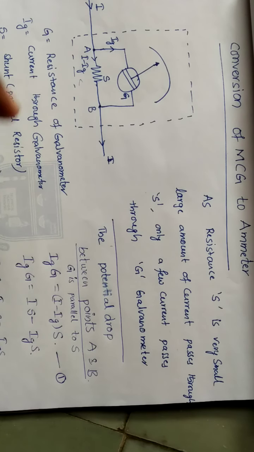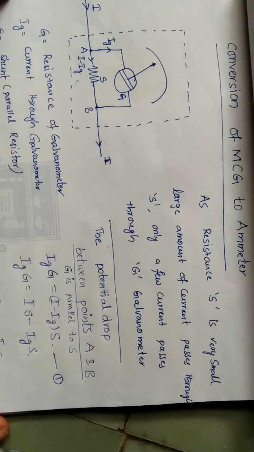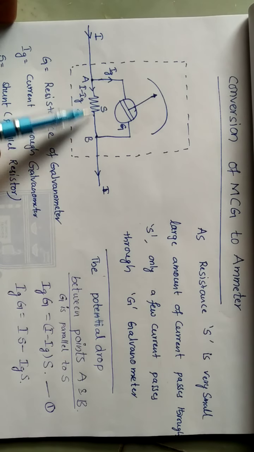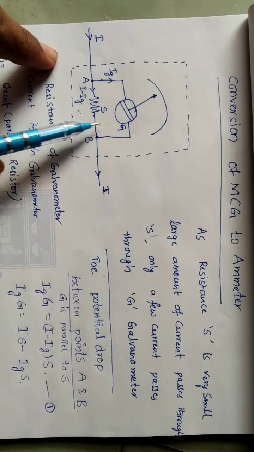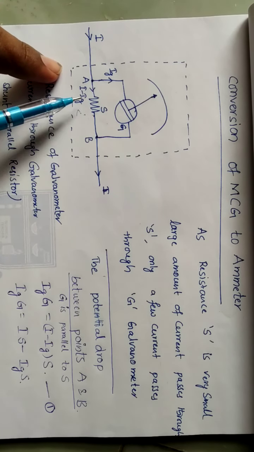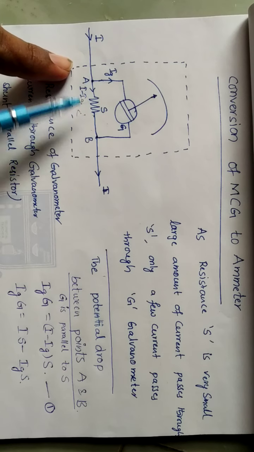Now we analyze this circuit by taking the potential drops. Between points A and B, G and S are parallel combination resistors. The potential drops between A and B are the same.